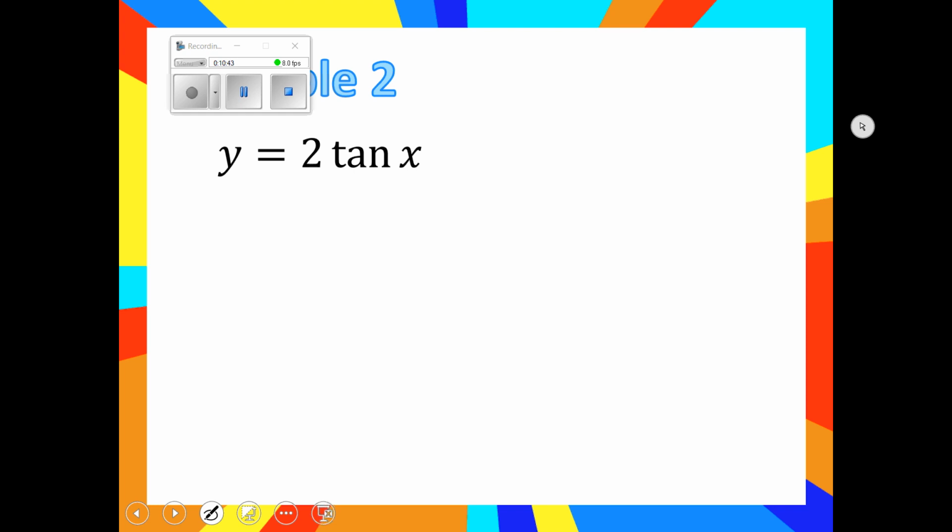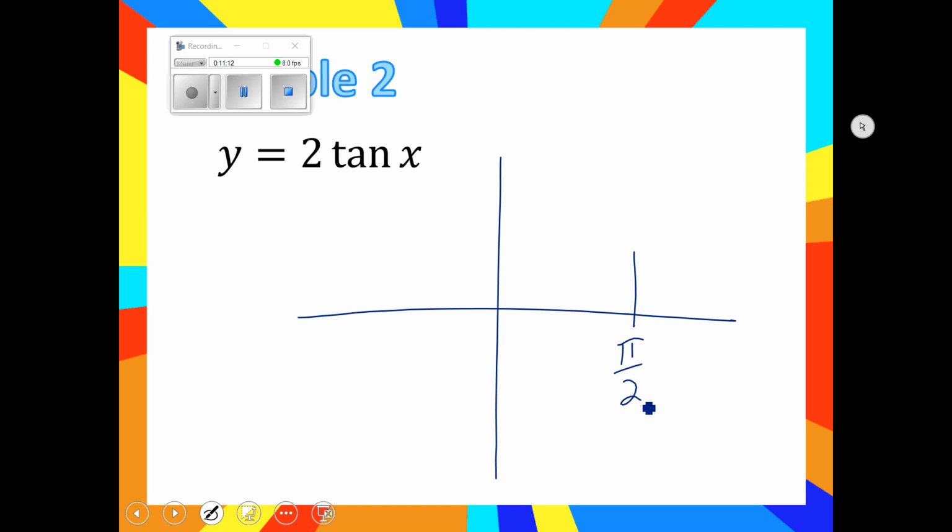This is example 2, but now we're going to look at y equals 2 tangent of x. If you're still getting used to this, you can take what you just found for each point and times it by 2 to get your new points. But let's just look at the basic. First of all, am I shifting this anywhere? No. So at pi over 2, we have our vertical asymptote.